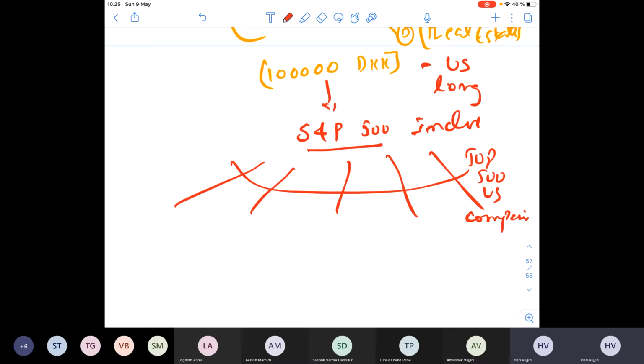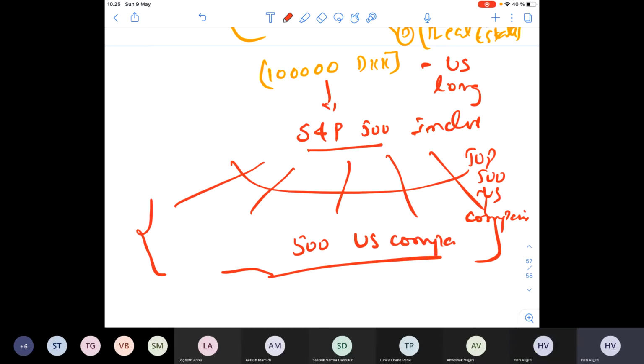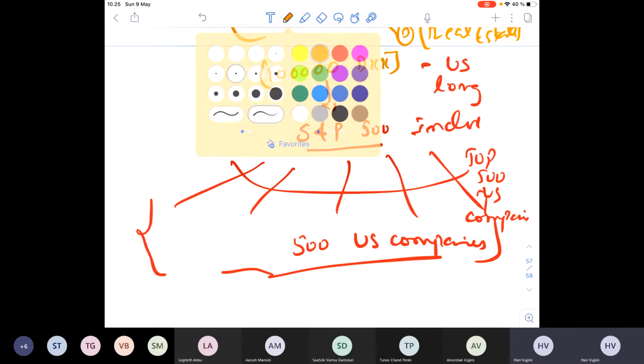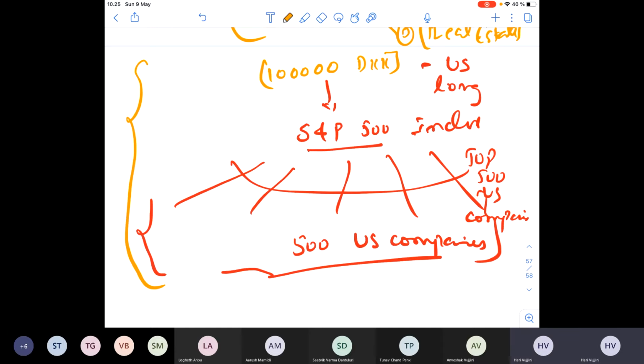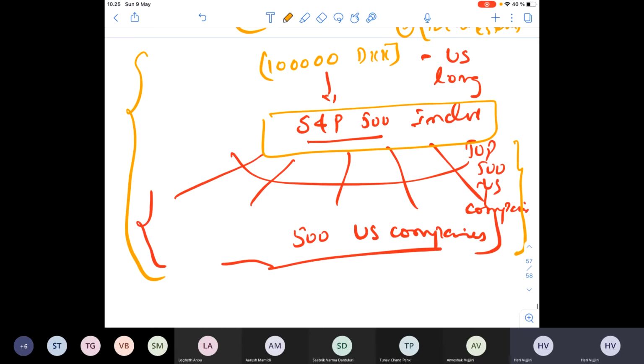So I'm going to become a shareholder of the top 500. If you just park this money, and it is invested in these top 500 companies, all their performance and returns will become your own returns, because you are the owner of a small percentage of those top 500 you bought.